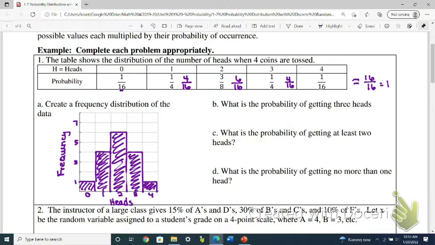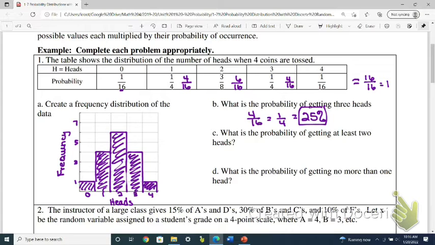So what is the probability of getting 3 heads? So I go to 3. 3 heads is simply 4 out of 16, which is 1/4, which is 25%. Because when we talk probability, we are talking percentages. What is the probability of getting at least 2 heads?